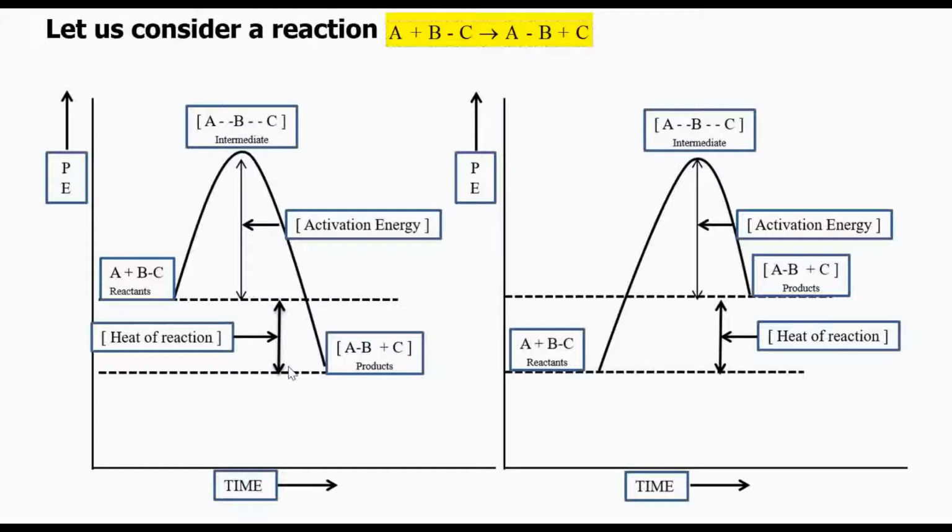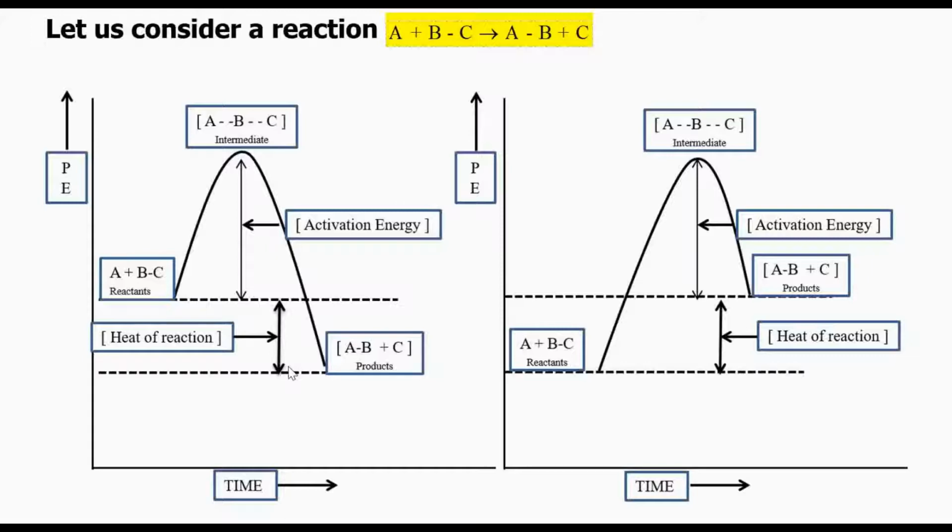Now friends, in a reaction, say you are taking 1 mole of A and 1 mole of BC. But 1 mole is equal to 6.02 into 10 raised to 23 molecules. That is millions, billions and trillions of molecules.